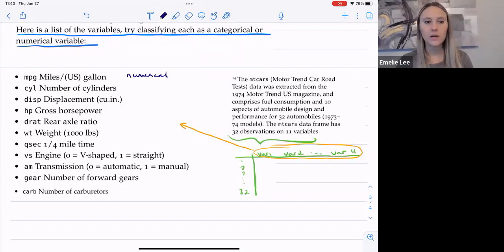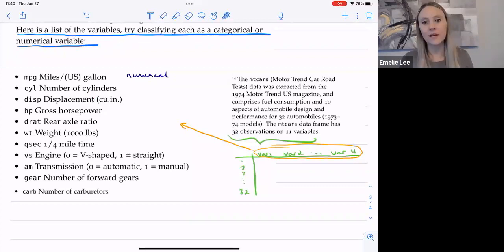Okay. So what I want you to do is just read through this list and try to decide for yourself which one you would classify as numerical or categorical, or maybe there's some that you have a hard time classifying, and then you would have to use that argument of, okay, well, it makes sense to talk about the average. Okay, so the number of cylinders.